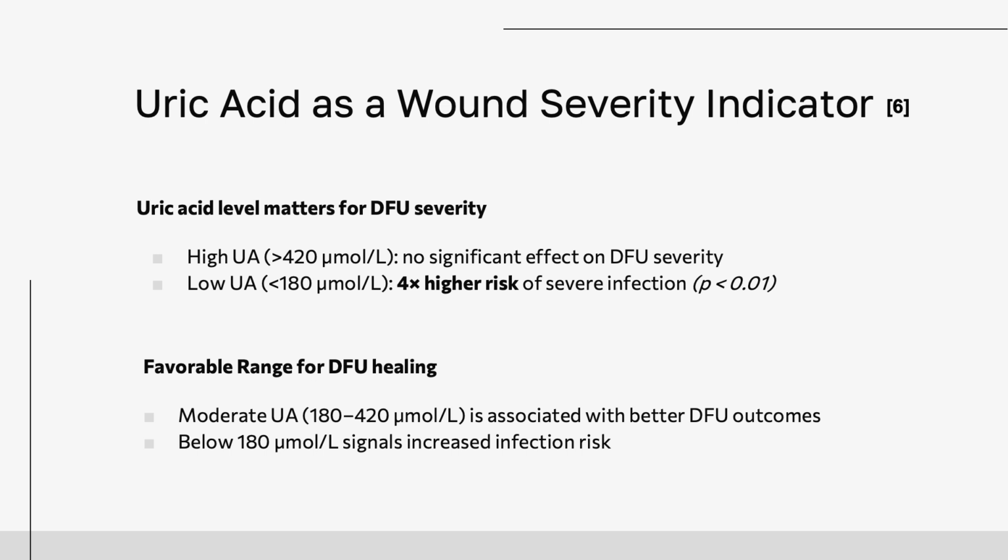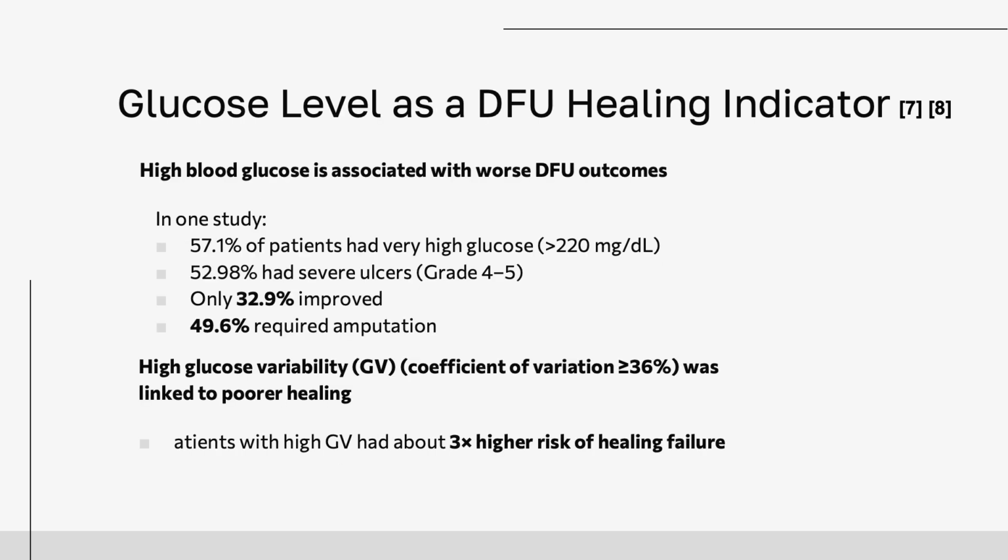The sweet spot appears to be a moderate range of 180 to 420 micromoles per liter, which correlates with better outcomes. This suggests that uric acid may play a protective role in a wound environment, possibly as an antioxidant, and that monitoring it could help flag patients at an elevated infection risk.